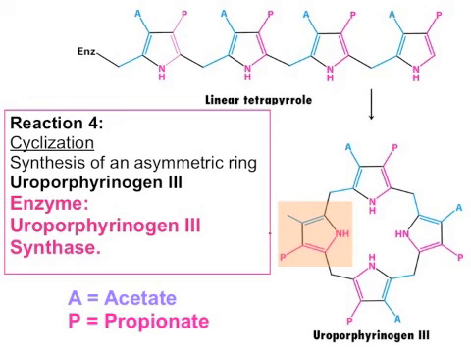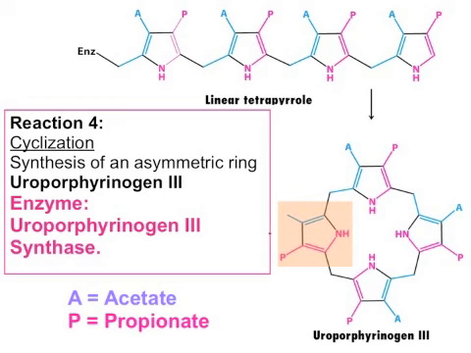The pyrrole that is highlighted in orange is propionate acetate. This ring has been flipped in the opposite orientation, ensuring that the ring that's constructed is an asymmetric ring.